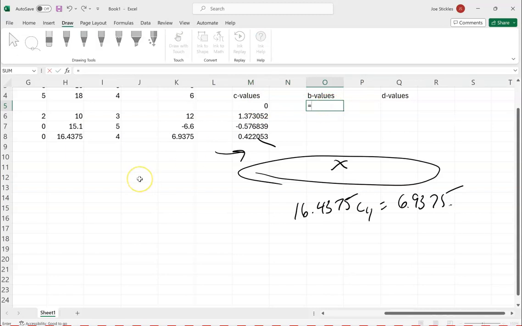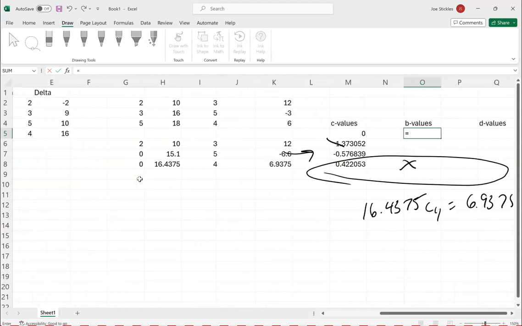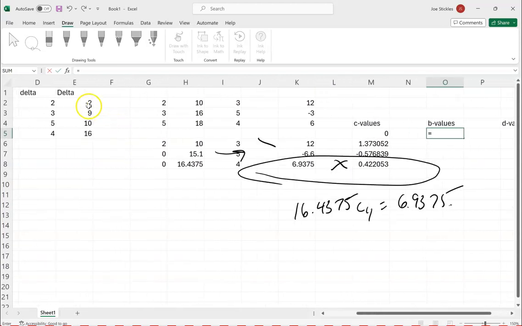Ratio of your delta. So going back over to where the deltas are, ratio of your deltas. So it'll be this E2 divided by D2. And then minus your D2 times 2 times the C plus the next C, right?